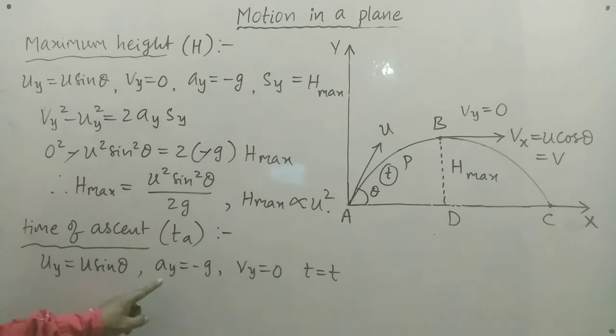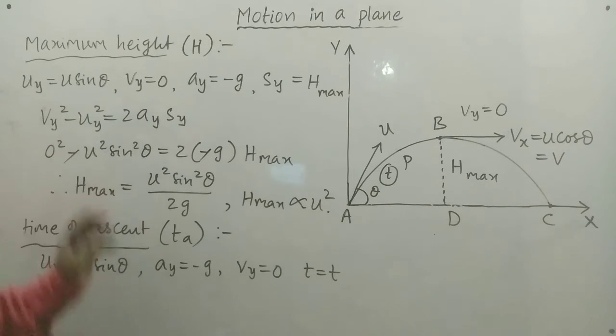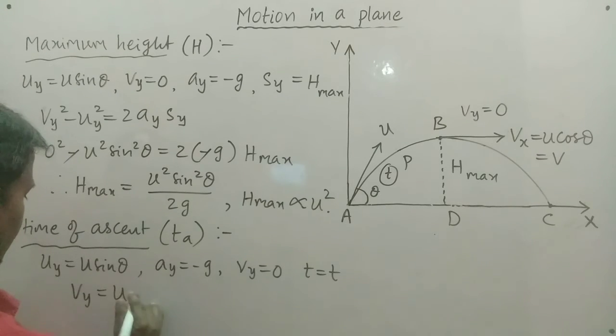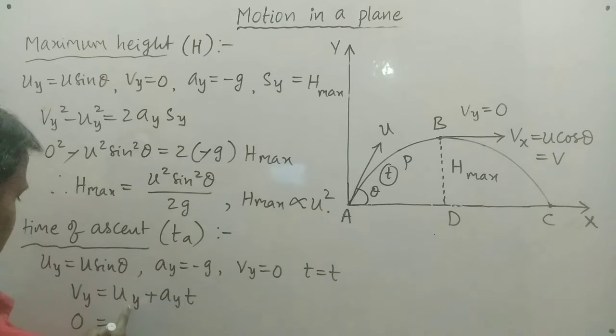Let us substitute in the first equation of motion along the y direction: Vy is equal to Uy plus Ay t. That is, 0 equals U sin theta minus g into t, the time of ascent.